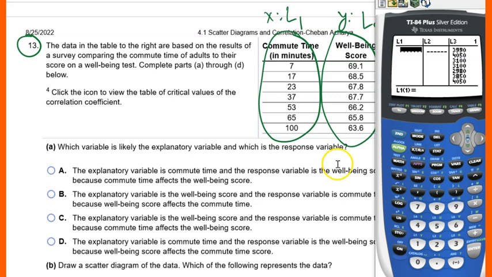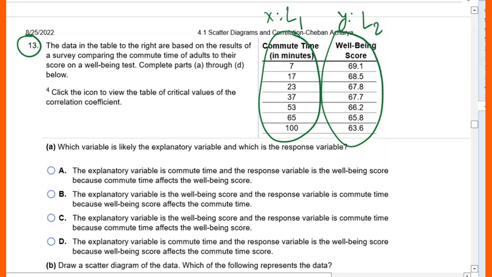Under L1, put X data, which is commute time. Under L2, put Y data, which is well-being score. I pause the video and put in the data and come back. Alright, I put the data in the calculator.